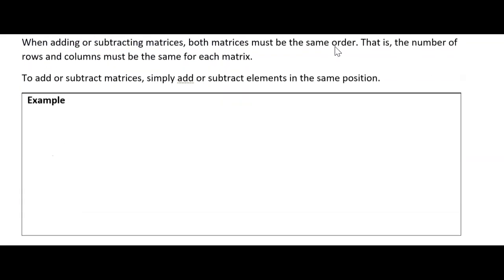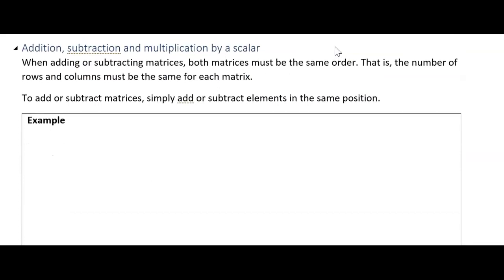All right, now adding, subtracting, and multiplying by a scalar are the easiest parts of matrices. When adding or subtracting matrices, they have to be the same order, meaning the same number of rows and the same number of columns.